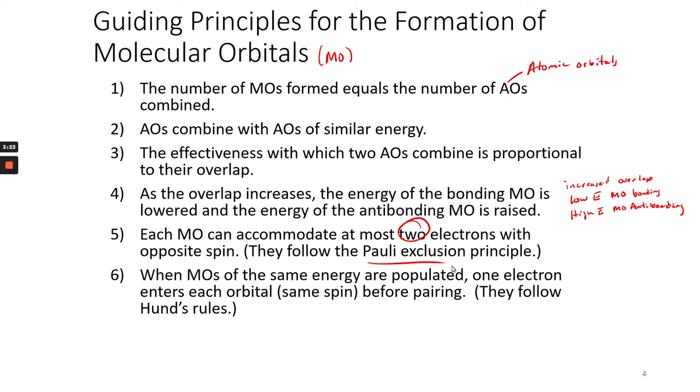That's Pauli's exclusion principle. And molecular orbitals of the same energy are filled with Hund's rule, okay? Where you have to have 1 up in each orbital before you can have 1 down. That's Hund's rule, remember? And also when you fill molecular orbitals, you fill low energy first.